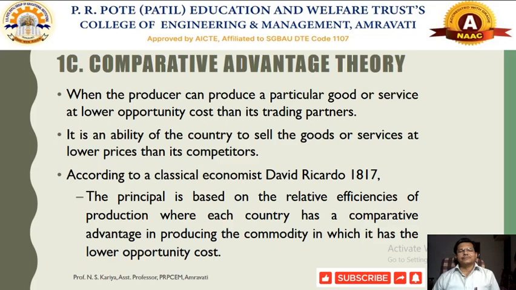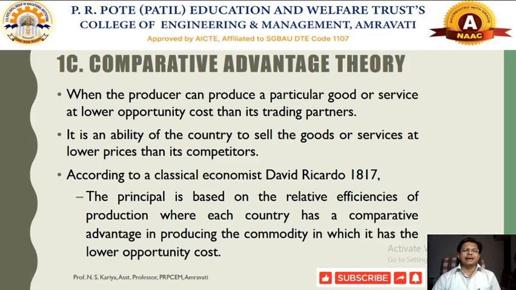So you are looking for other businesses that will provide you that particular product at lower opportunity cost. Whenever the same product is made available at lower opportunity cost from other countries, that should be a comparative advantage to that particular nation.